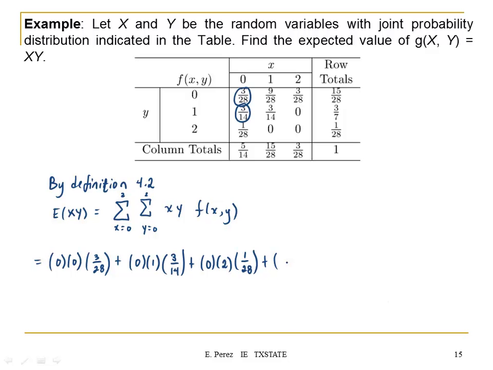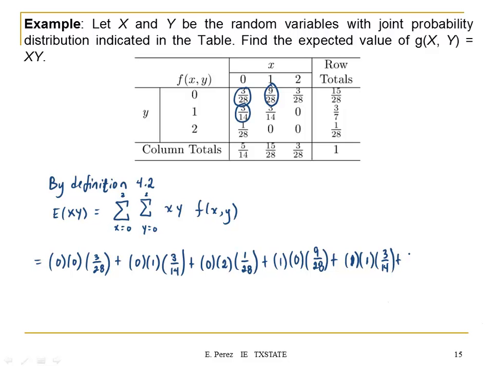So we have 1 times 0 times 9 over 28, which is this number, plus x equals 1, y equals 1 times 3 over 14.